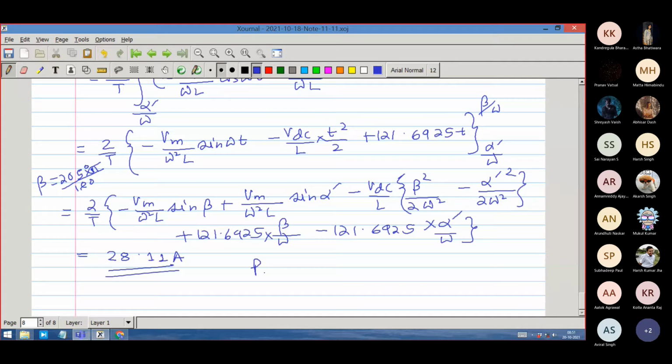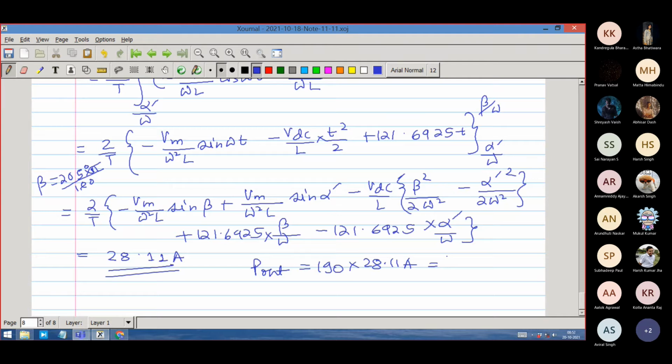So the output power is equal to 190 into 28.11 ampere. So how much is it? 190 into 28.11, right?